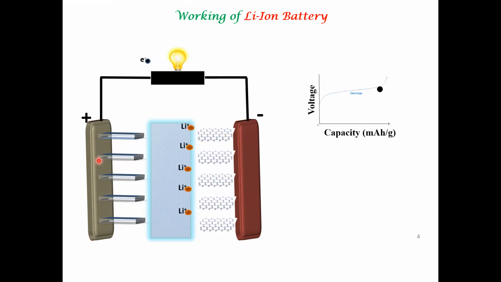So when the battery gets discharged, the lithium ion from the anode gets transported via the electrolyte and gets intercalated into the transition metal oxide, in this case, lithium cobalt oxide.